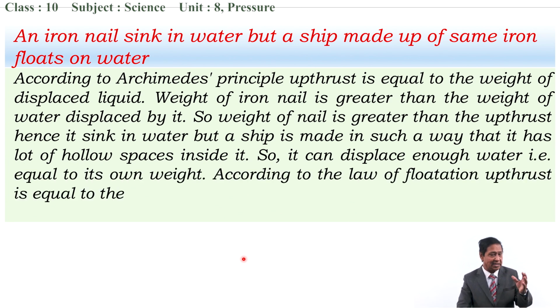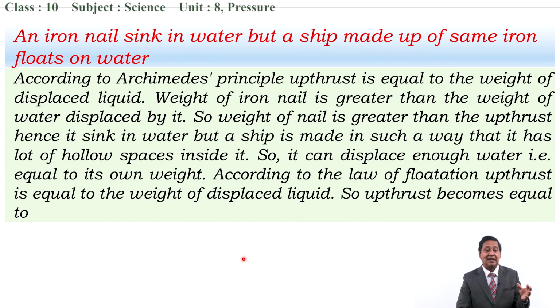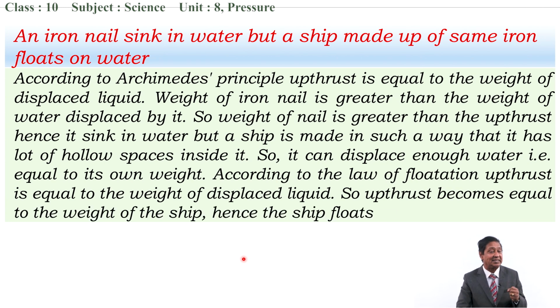But a ship is made in such a way that it has a lot of hollow space inside it, so it can displace enough water that is equal to its own weight. According to the law of flotation, upthrust is equal to the weight of displaced liquid, so upthrust becomes equal to the weight of the ship, hence the ship floats on water. This way we can answer.